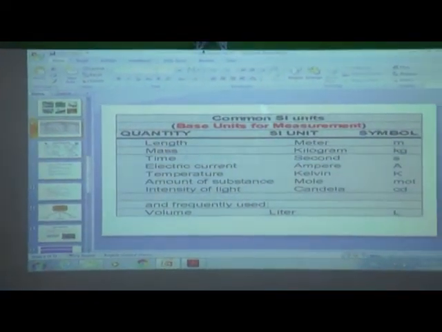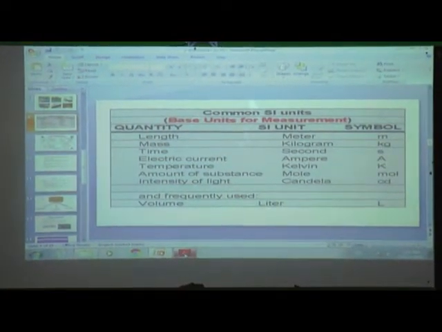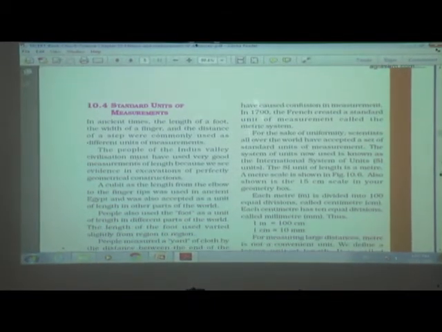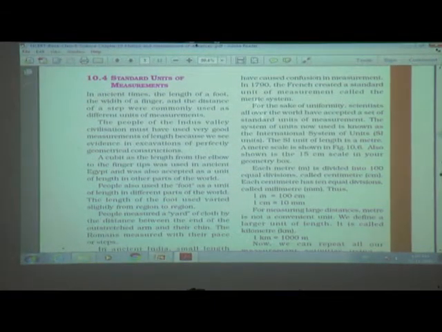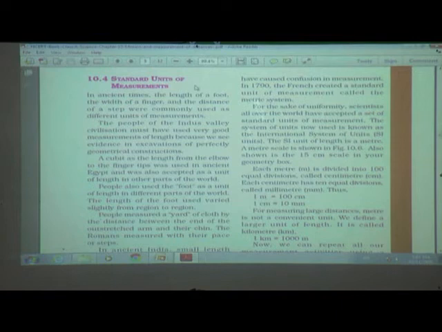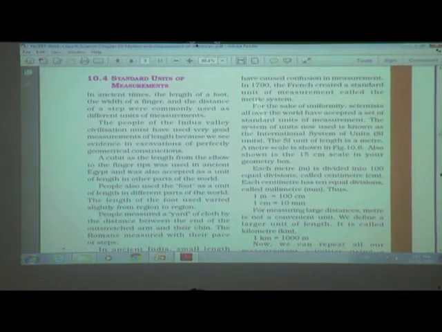See here students, standard units of measurement. In ancient times, the length of a foot, the width of a finger and the distance of a step were commonly used as different units of measurements. Just in previous class we have studied about it.